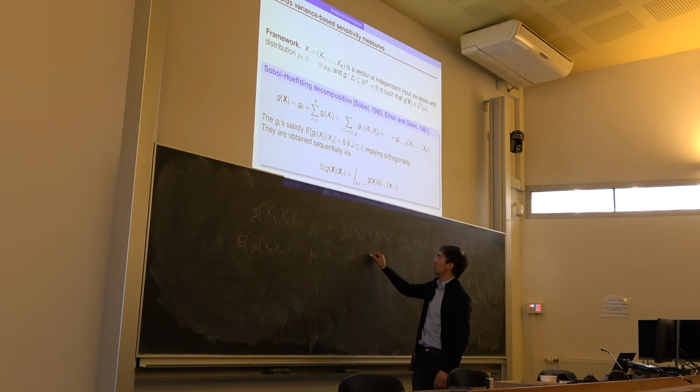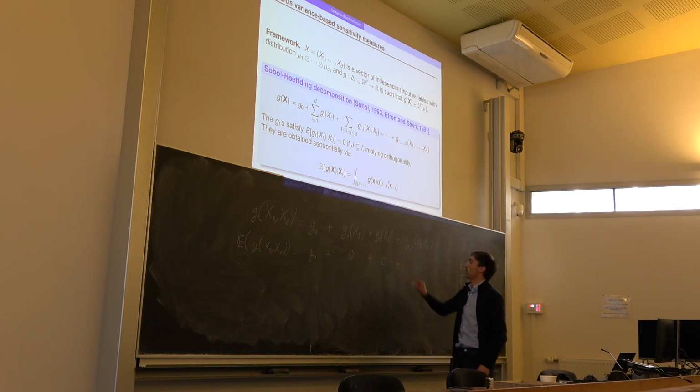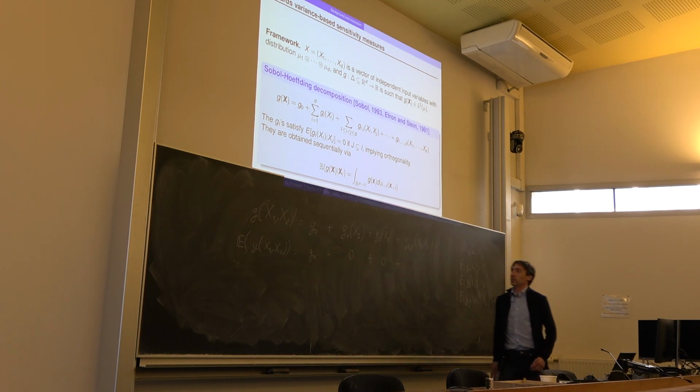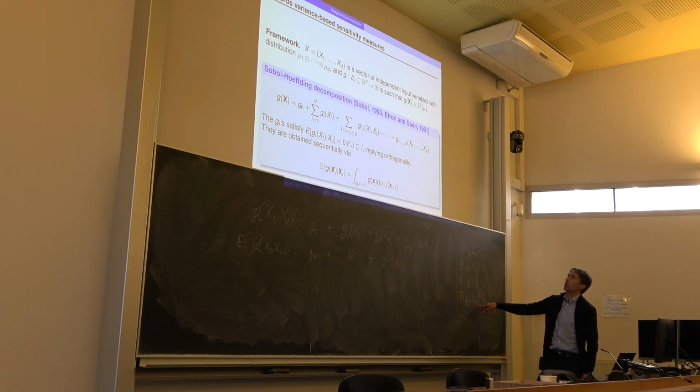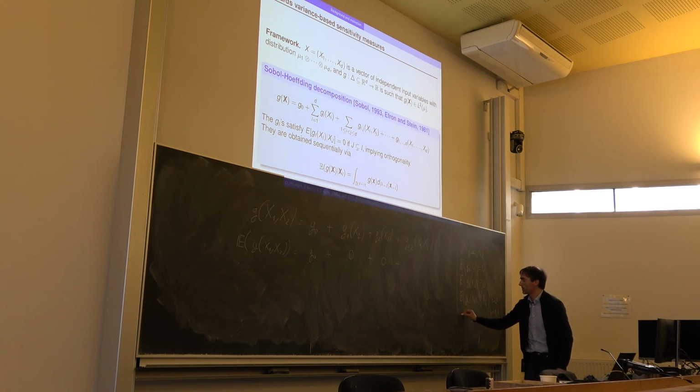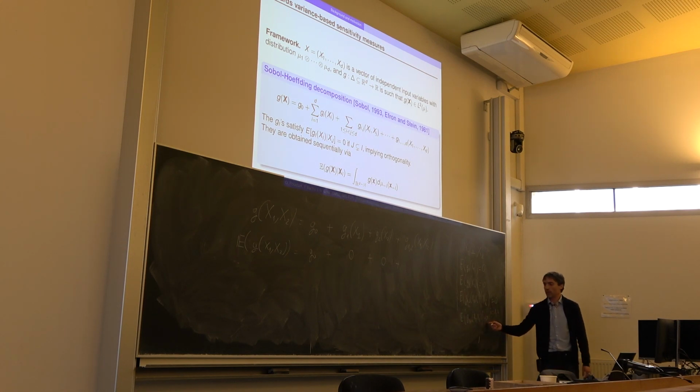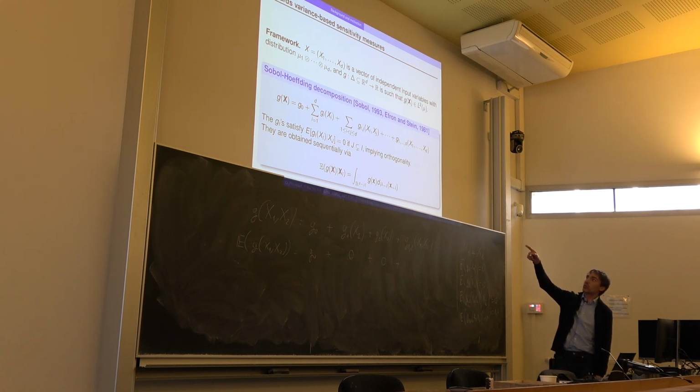By assumption, it's 0. And here, again, it is 0 because it belongs to the assumption with J equal to the empty set.